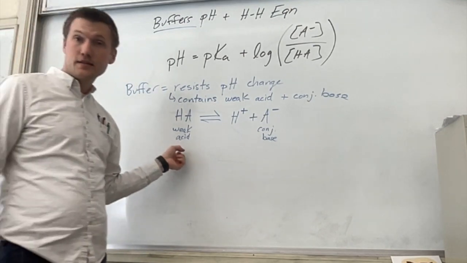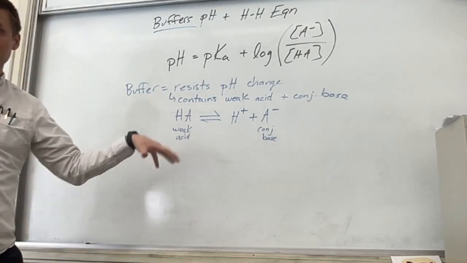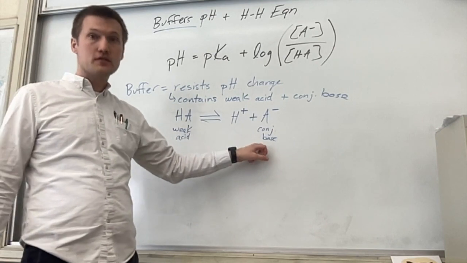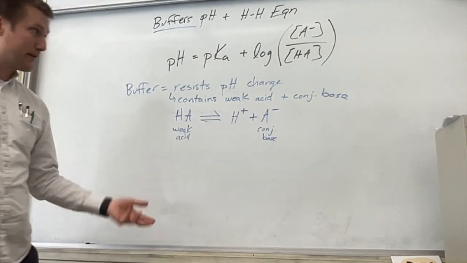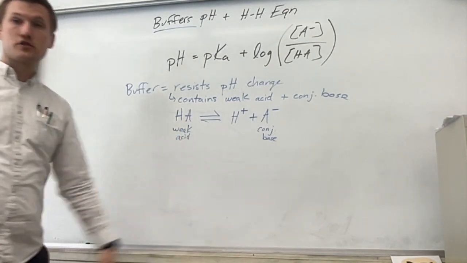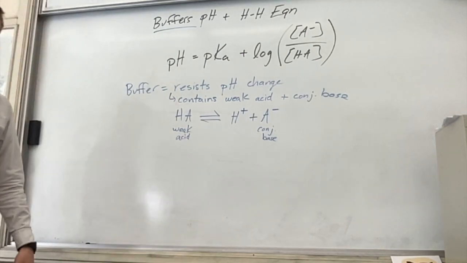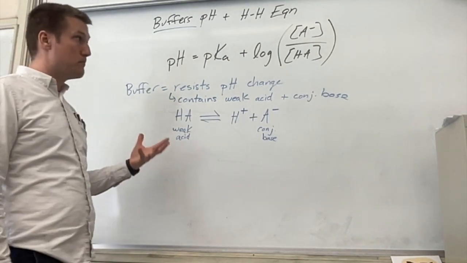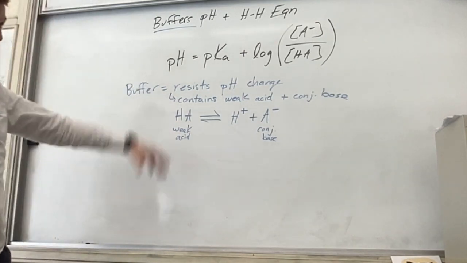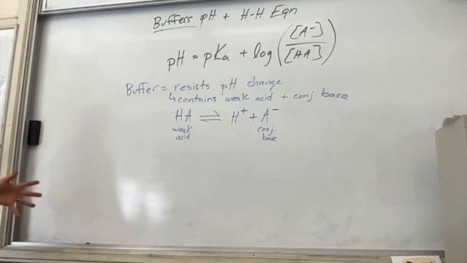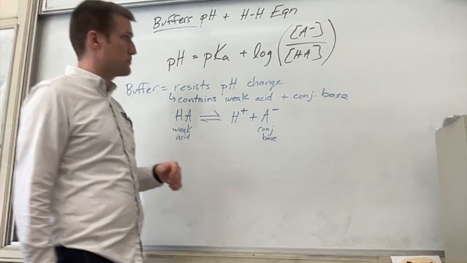So the weak acid in solution can mop up any base that you add, and the conjugate base in solution can mop up any acid you add, as long as you're adding small amounts. At some point, you're going to overwhelm the system, and the pH will shift more significantly if you add large amounts of acid or base. But for small amounts, a buffer will resist changes in pH.